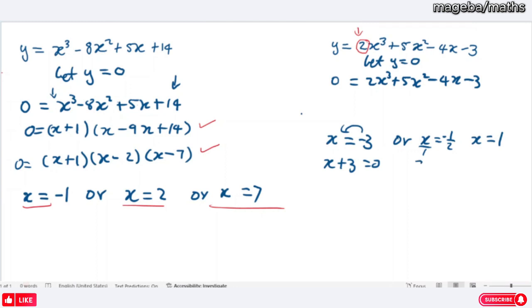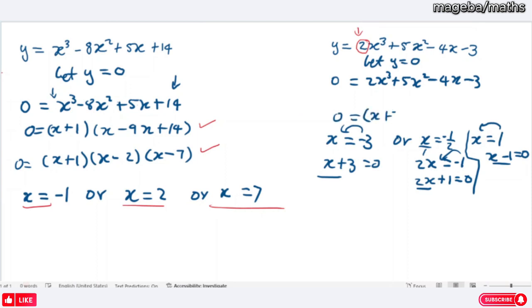So cross multiplying here is going to be 2x is equal to -1. And then from here, you take this to the other side, it's going to be 2x plus 1 equals 0. And then the last one here, you take x to the other side, it's going to be x minus 1 equals 0. And then these are my factors. Equal to 0, start with the one which is plus 3. Take this one, 2x plus 1. And then you take also this one, x minus 1.